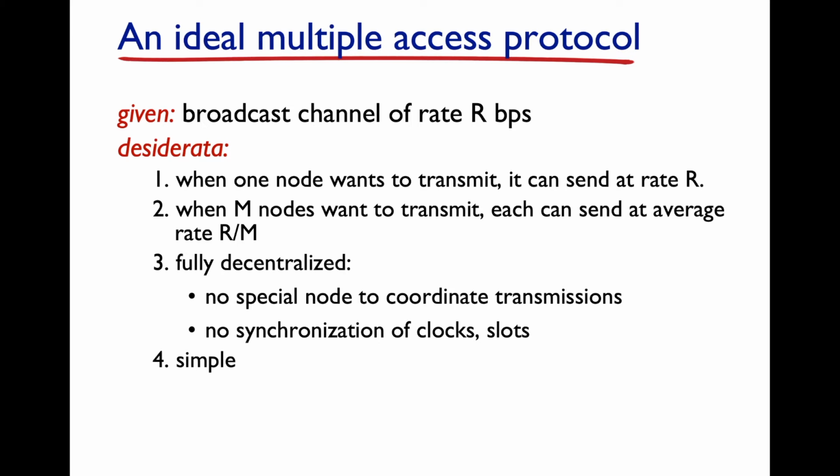There shouldn't be a single coordinator because it's shared. One node could go up and down, and a single coordinator provides a bottleneck, which is not a good implementation and does not scale. Moreover, you don't want any synchronization of clocks or slots going on. And it should be simple, because simple things can be made to run very, very fast.